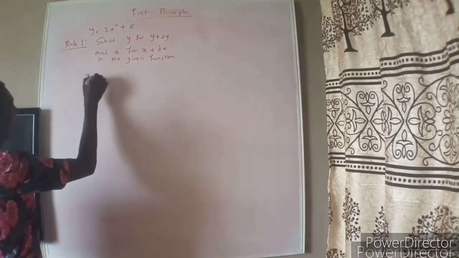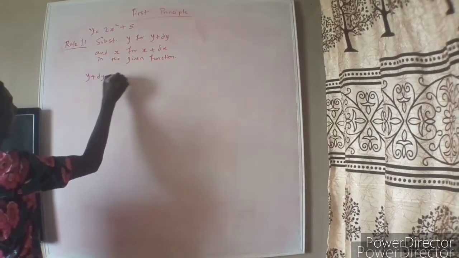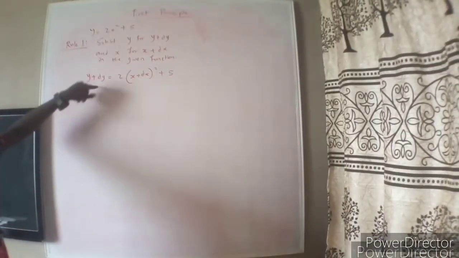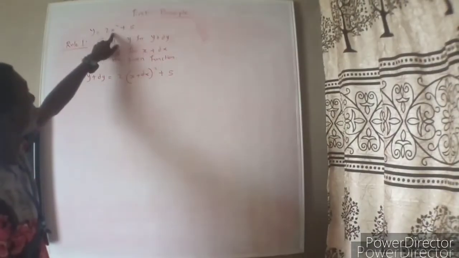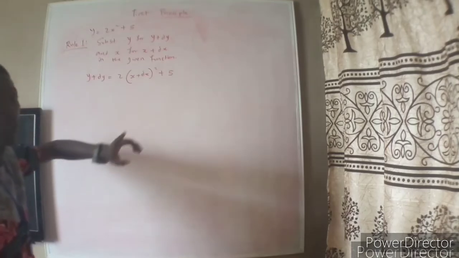So I can now say my y plus delta y equals 2 into bracket x plus delta x all squared plus 5. I hope this is clear. y became y plus delta y, then my x here became x plus delta x all squared.